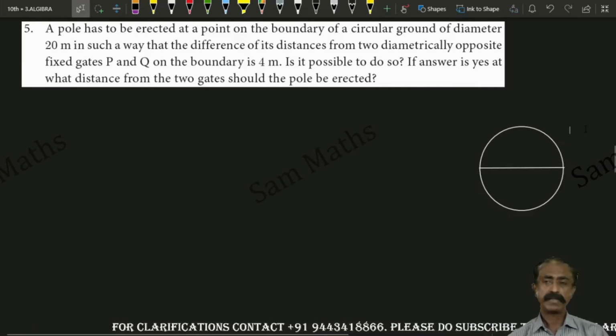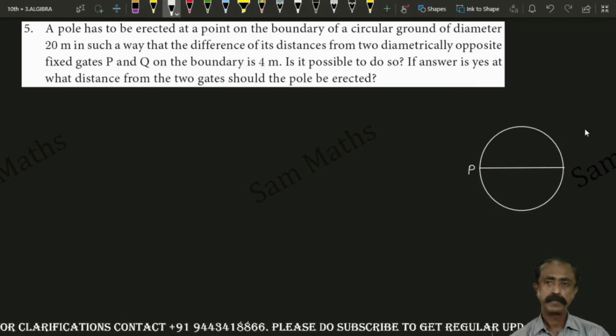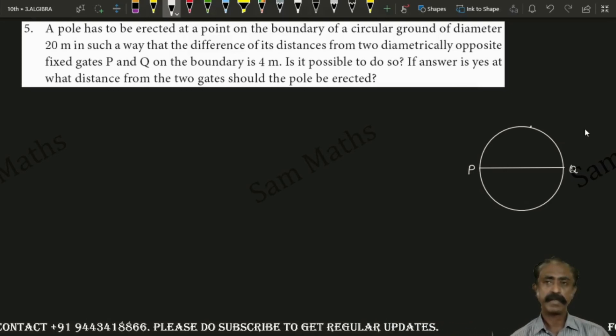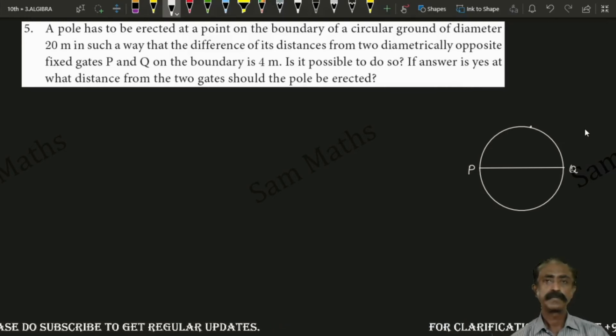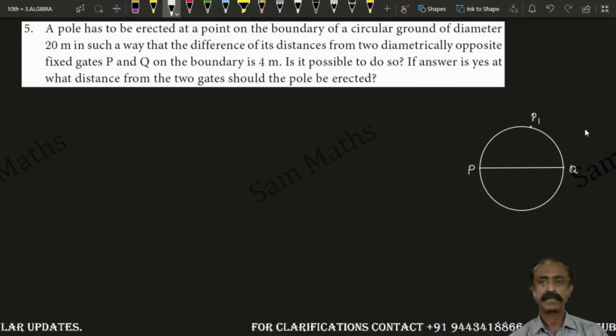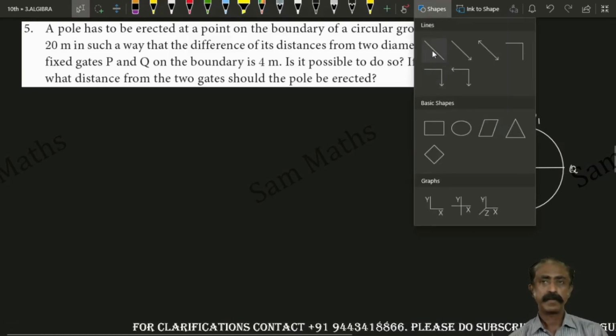The end points are P and Q. These are the gates. Now I am marking a point here. Okay, children. This is the pole. I am taking as P1. Clear, children? Or you can go with a different letter. I am going to join this also.